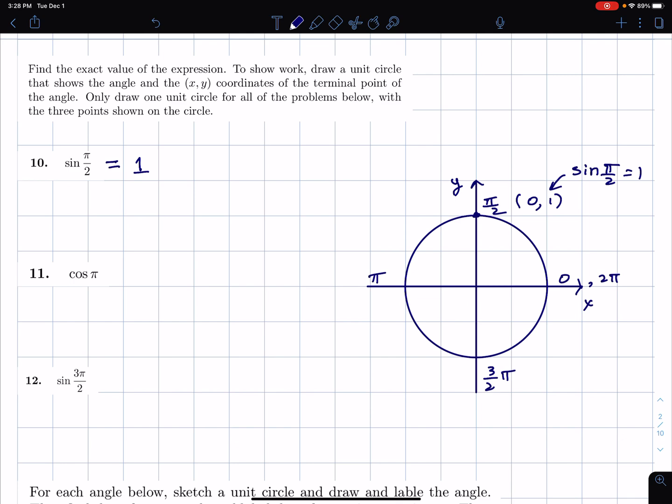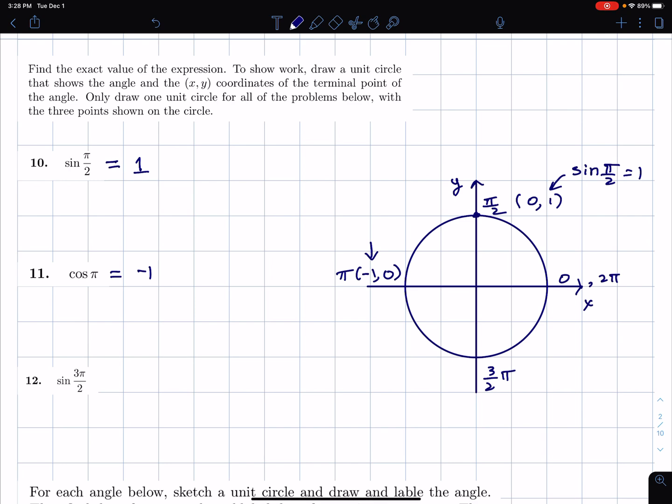How about at pi? What do we have? Cosine of pi. Well, at pi the x-coordinate is -1 because we're going to the left by 1 from the y-axis, and y is 0. Cosine is always the x-coordinate on the unit circle.